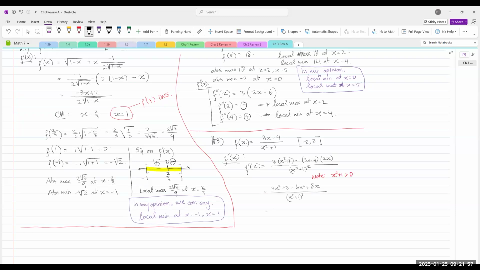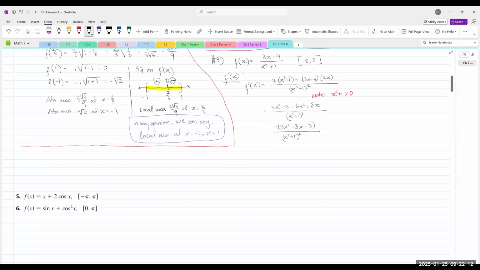That's the negative of (3x squared minus 8x minus 3) over (x squared plus 1) squared. Now, at this point, I really need you to be able to do factoring. So this is (3x plus 1)(x minus 3), over (x squared plus 1) squared.